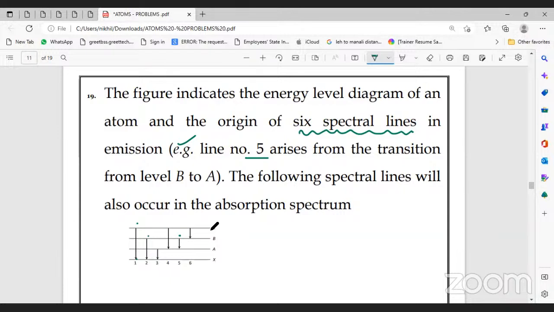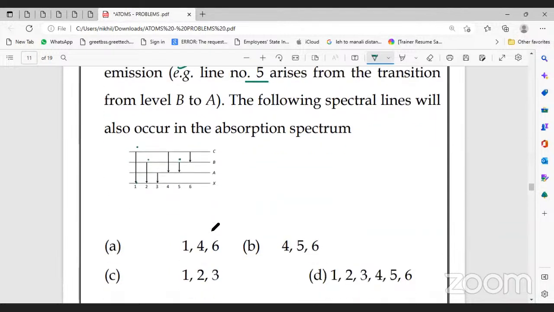For the absorption spectrum, you have to choose the following spectral lines which can also occur in the absorption spectrum. In terms of line number they are talking.